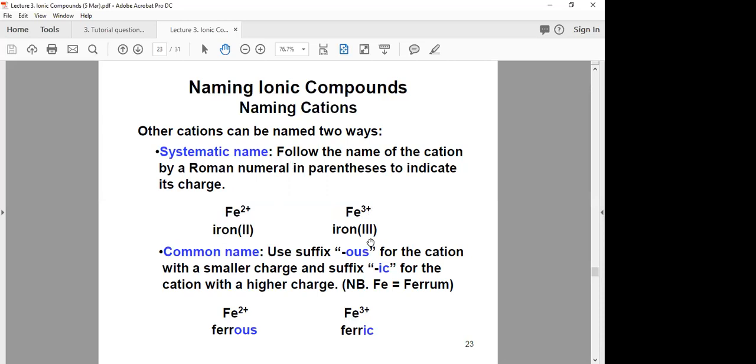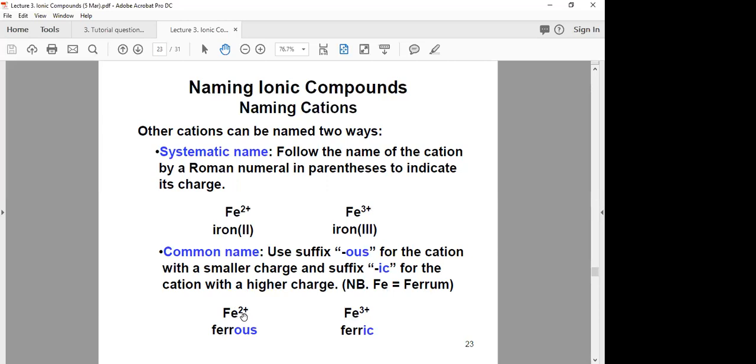So that's quite simple. Using the common naming method, it's a little bit more complicated. Here we need to actually know where this Fe element symbol is derived from. The Fe comes from the Latin ferrum. Now, ferrum becomes ferrous when we're looking at the lower of the two charges.